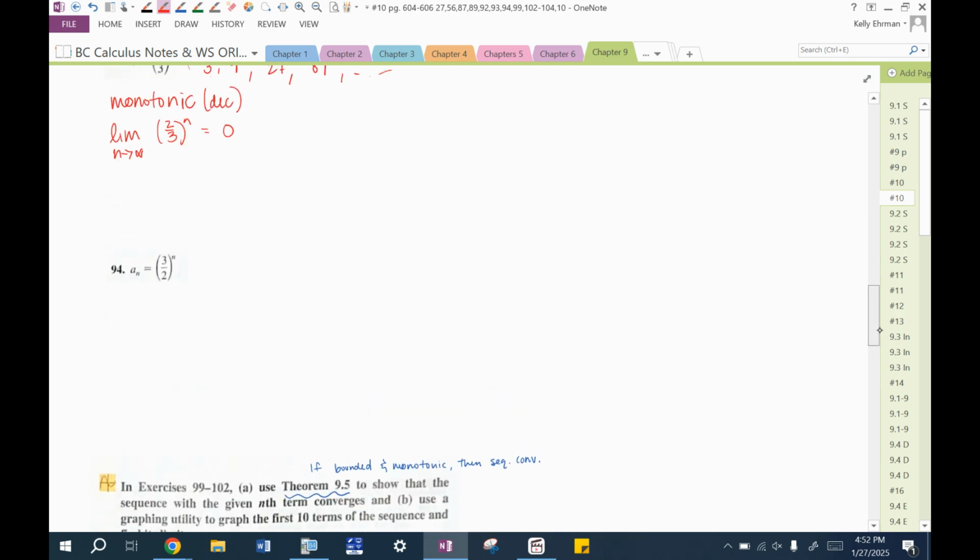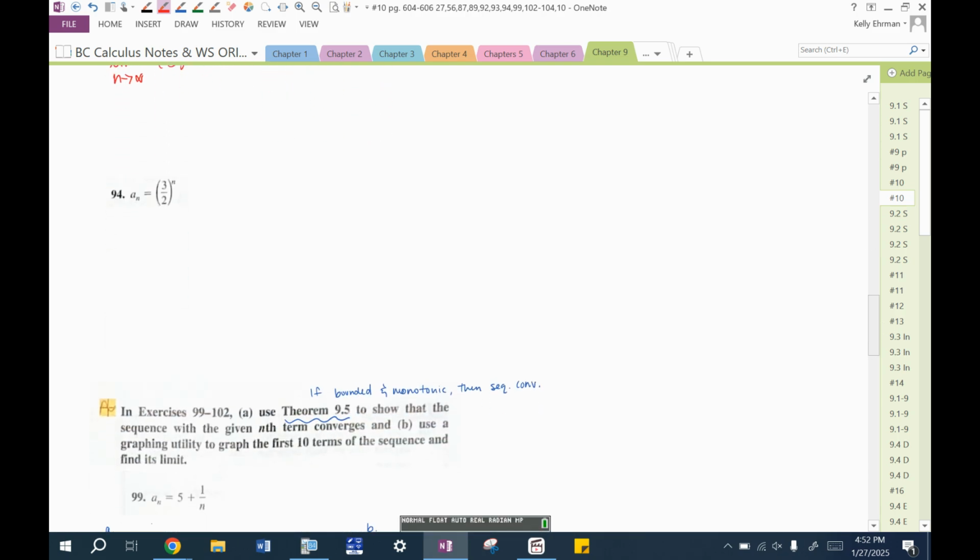For number 94, now they've flipped the fraction. Now it's 3/2. So a number larger than 1, as you raise it to a power, it's just going to keep growing. Think about compound interest. So this is definitely increasing. I don't even need to list out the terms. This is monotonic. You're going to get 3/2, 9/4, 27/8.